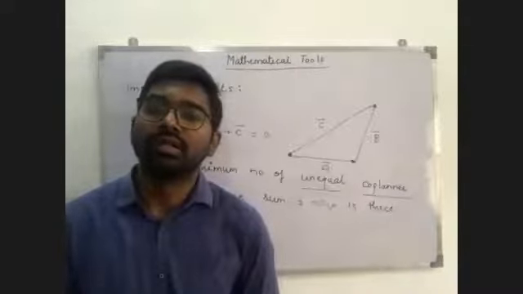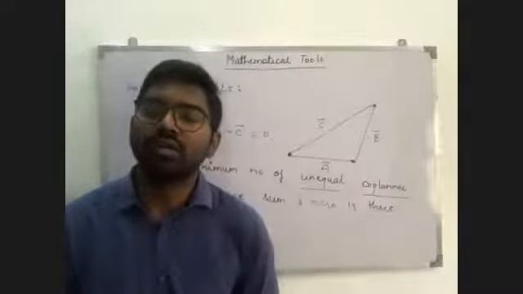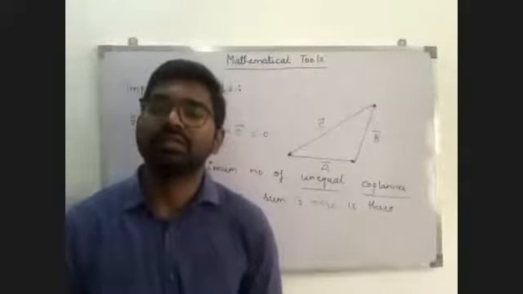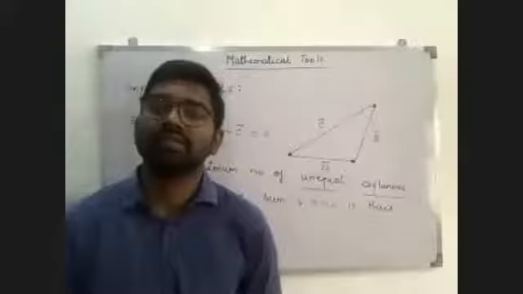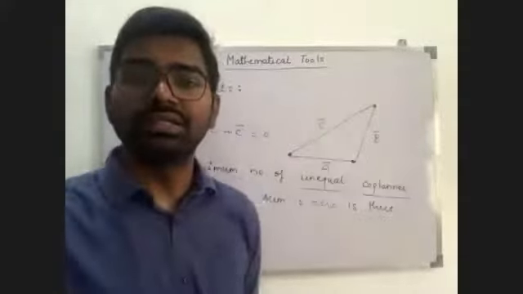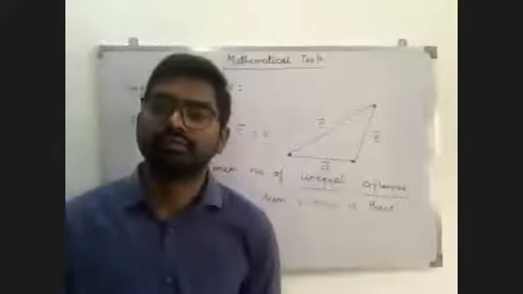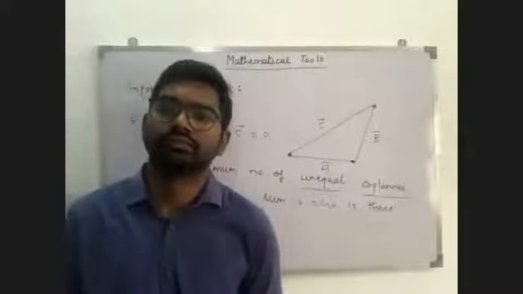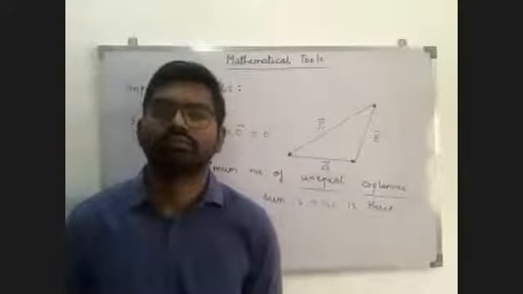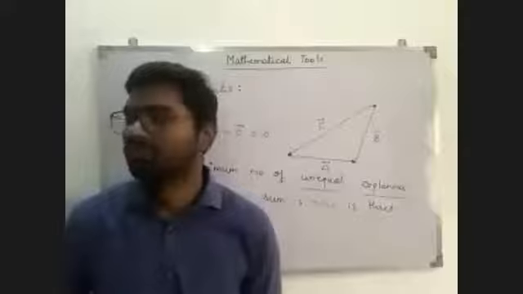The minimum number of non-coplanar vectors whose sum can be zero is 4. Everyone noted on the sixth point? Right.